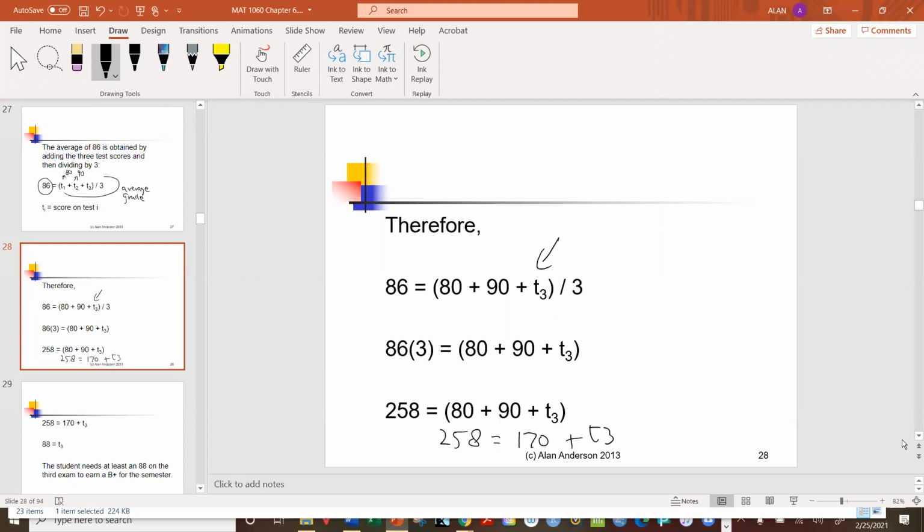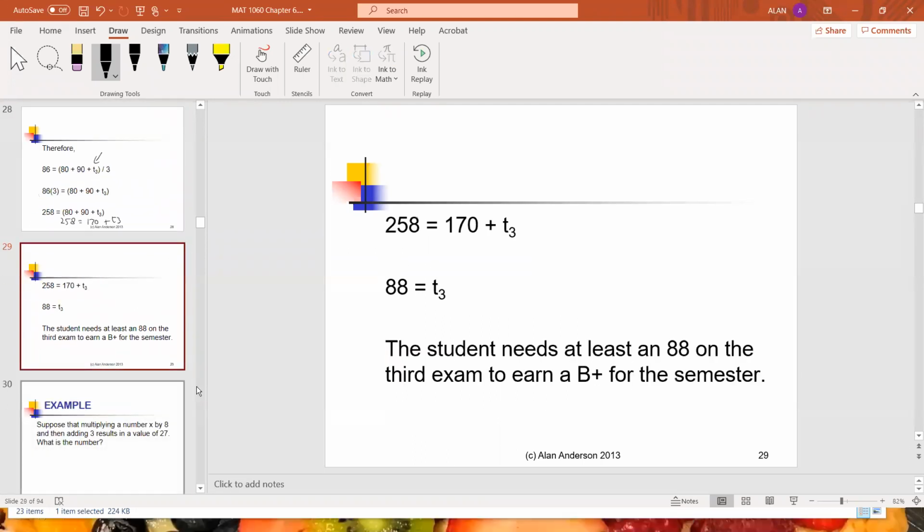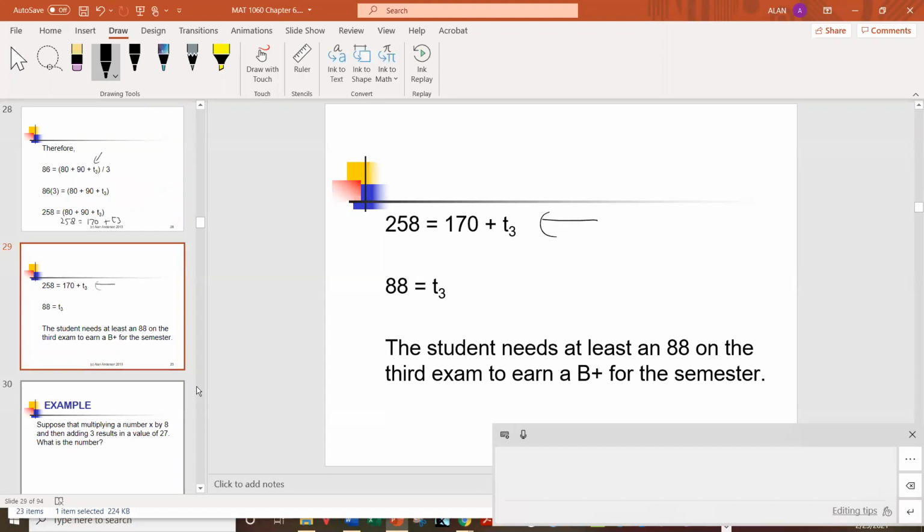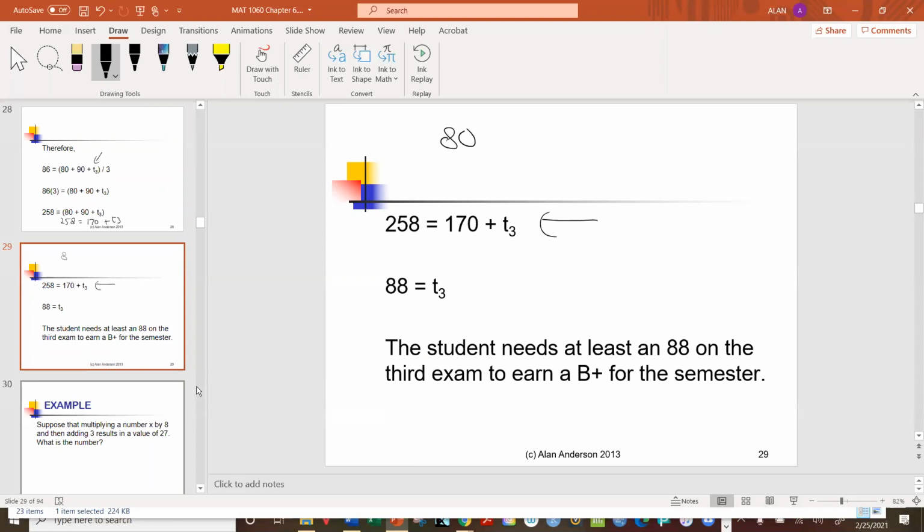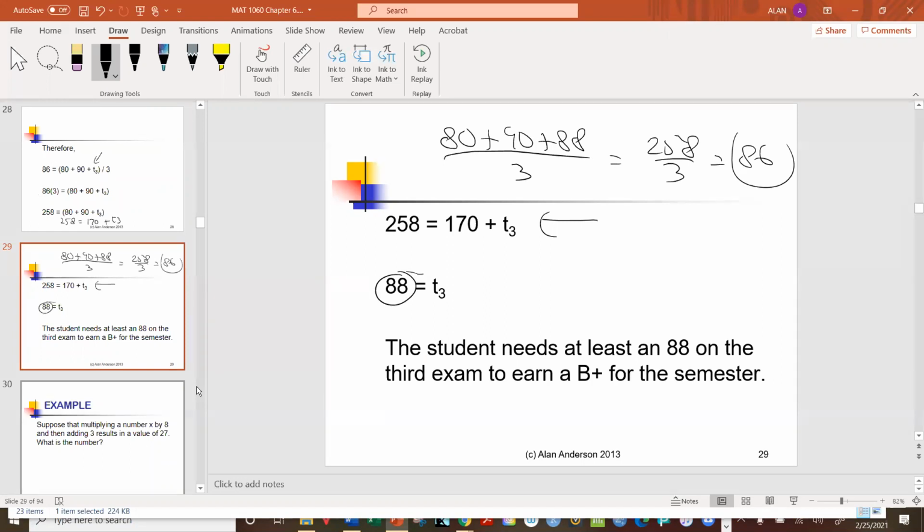And now look how easy this is. All you have to do is subtract 170 from both sides. And so here it is again. There's your 88. So in other words, 80 plus 90 plus 88 over 3 is 258 over 3, which is exactly 86. So if the student gets an 88 or better, that locks up a B plus.